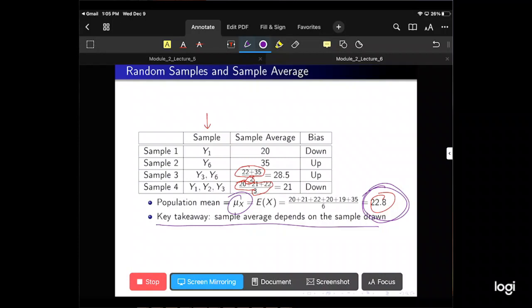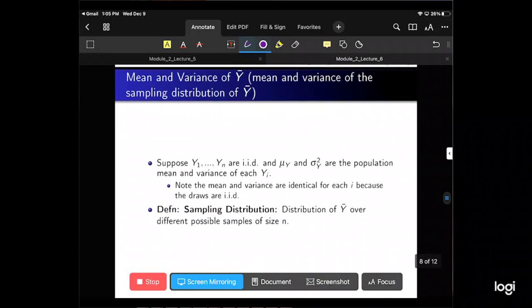For every sample, we get a different estimate of the average, right? In our first sample we got 20, second we got 35, the third we got 28.5, and the fourth we got 21. These are all different than the population mean. So the sample average depends on the sample being drawn, and so we can talk about a distribution of the sample average.